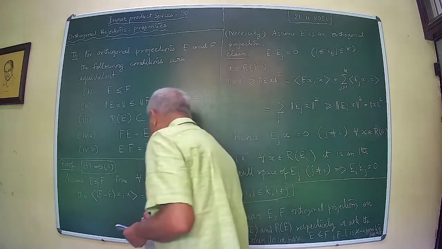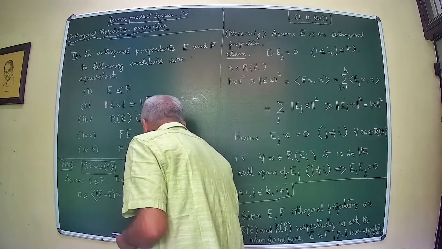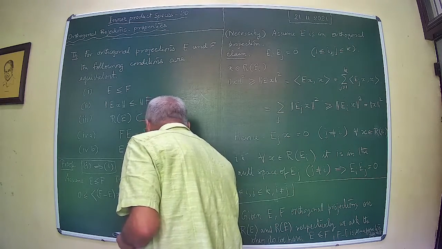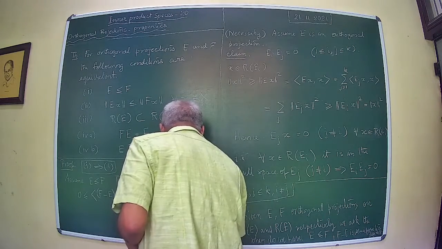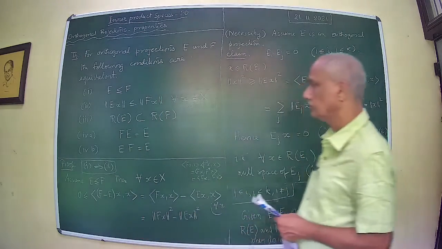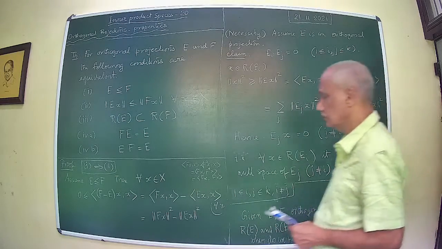Therefore, this is equal to the norm of Fx whole square. So what does that mean?